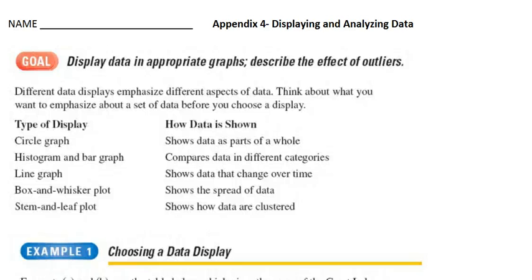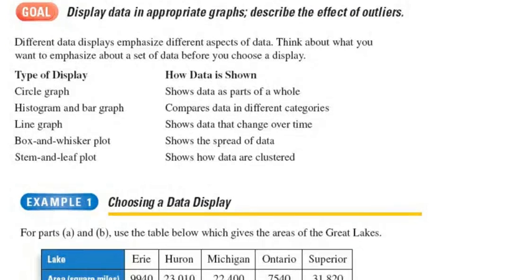So just a quick review from middle school. We've got different ways that you can graph data. So there's circle graph, histogram and bar graph, line graph, box and whisker plot, stem and leaf plot. There's a reason why we would use any of those data displays. So here I have a list saying why each display is worthy.